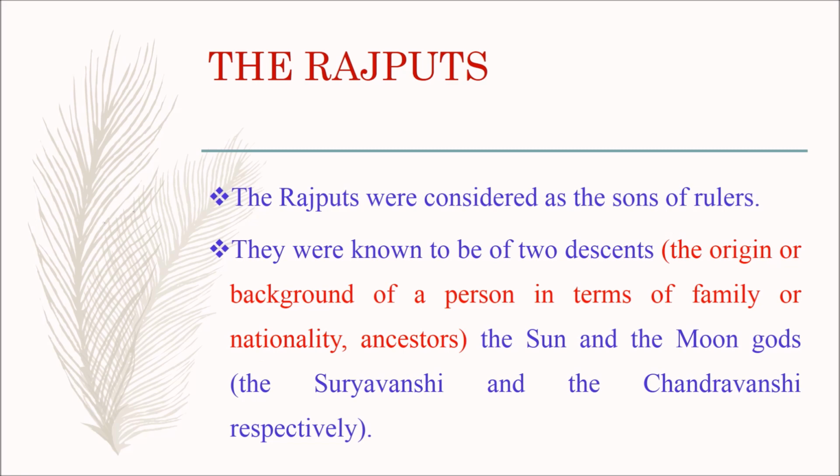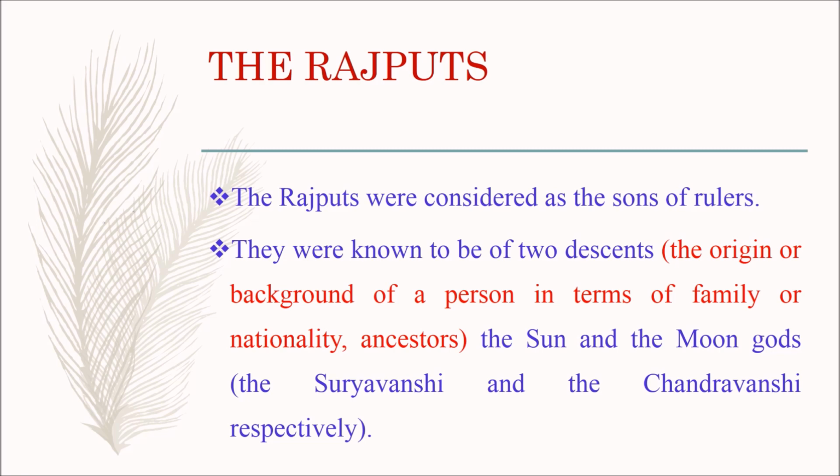The Rajputs were considered as the sons of rulers. They were known to be of two descents, the sun and the moon gods, the Surya Vanshi and the Chandravanshi respectively.